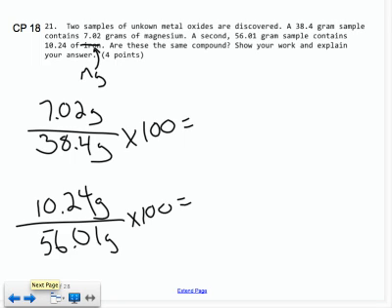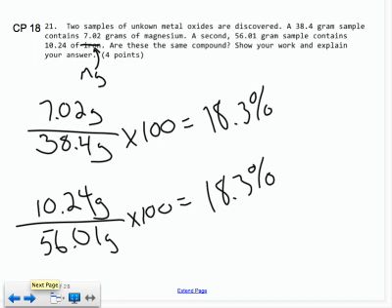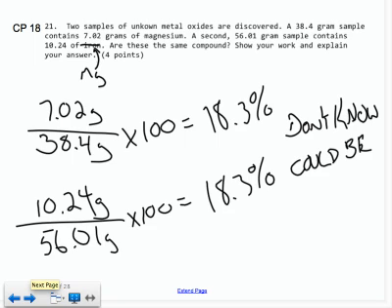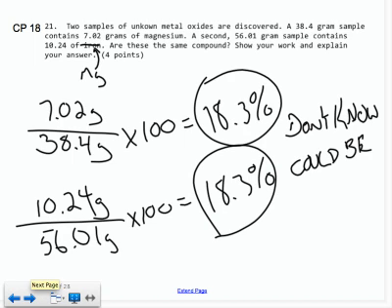So the percentages in the first one comes out to 18.3%. Second one says 18.3% as well. So the question is, are they the same compound? The answer is that we don't know. They could be, okay, but we can't say for sure because we don't know what the other roughly 82% of either compound is. We simply know that they're both 18.3% magnesium.